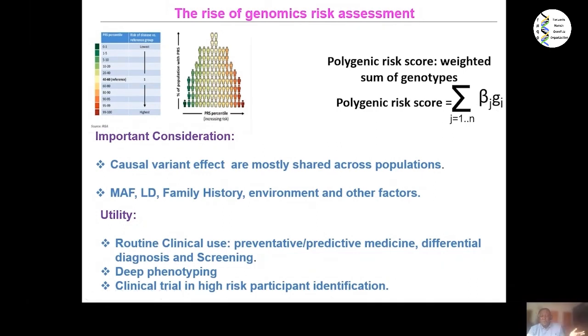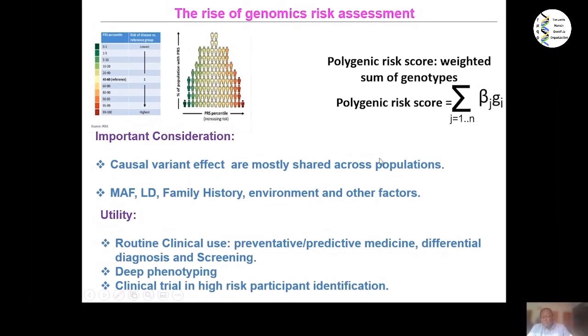Different methods have been generated to model this, so that people can account for differences in minor allele frequencies, the linkage disequilibrium, and also family history, environment, and other factors. I'll describe in the next slide how multiple tools have been generated to model this kind of sum or weight within the genotype.